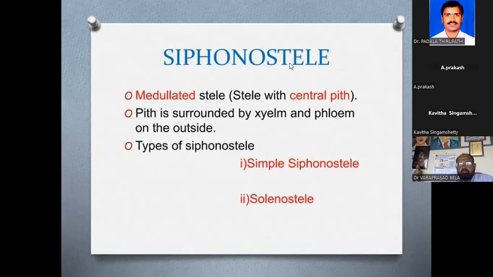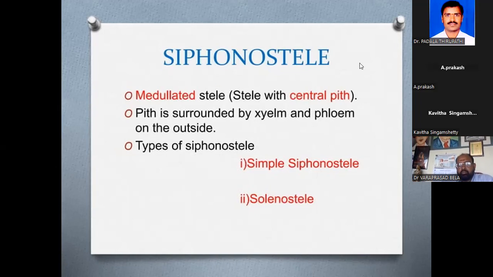That condition is referred to as siphonostele. Stele with a central pith region. Now, what is this pith region? It is an empty space which is in the central region of the stellar region. So it is surrounded by xylem and the phloem outside.